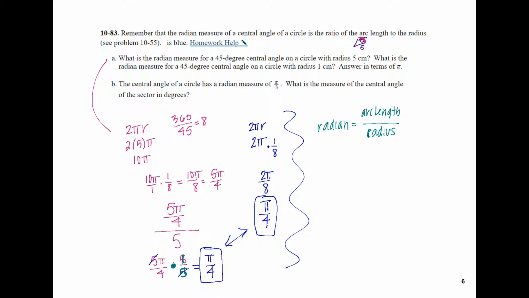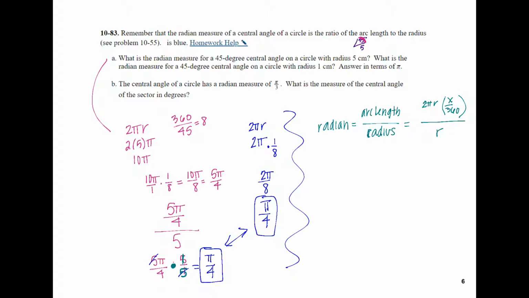To find our arc length, we can take that a step further, and we can do 2 pi r times x over 360, if x is our central angle, and then we want to divide that by our radius, which is r.